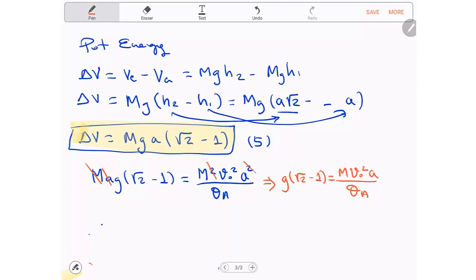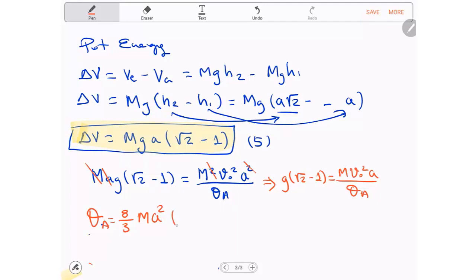By definition, the moment of inertia of the cube, theta a, is equal to 8/3 of the mass times a squared, right?